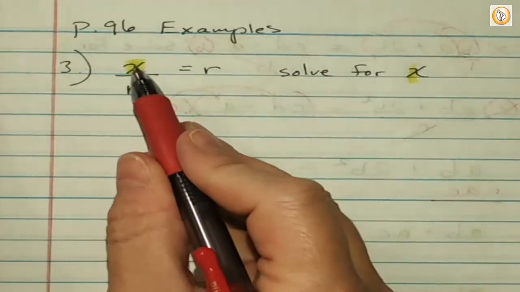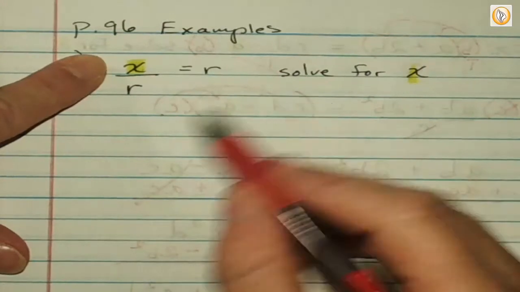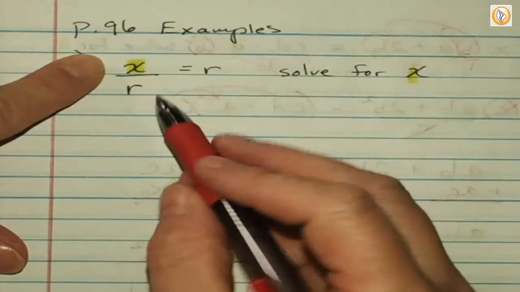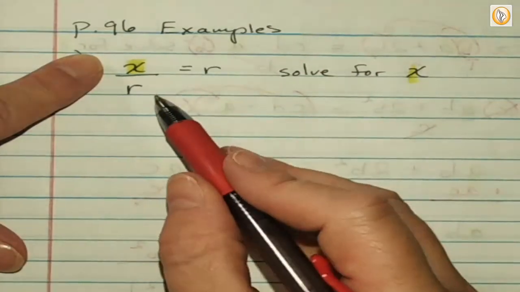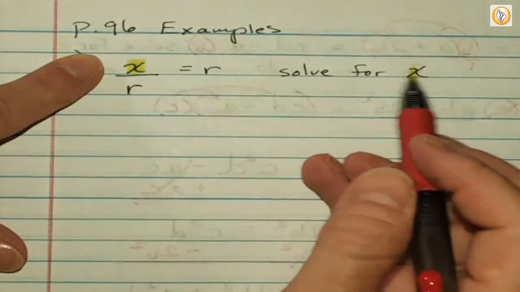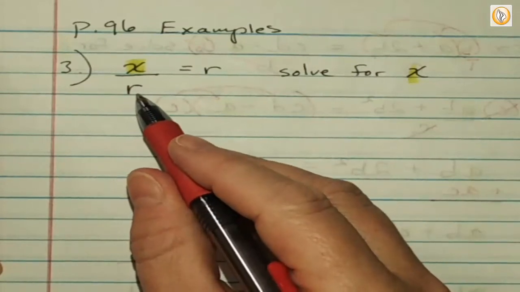R. You are X. This is why I highlight, because it helps, especially when you've got so many letters. It's easy when everything else is numbers, you know what I'm saying? But now, since there are so many letters in these, that's why I like to highlight. Okay, so you're getting rid of this R. How do I get rid of it?